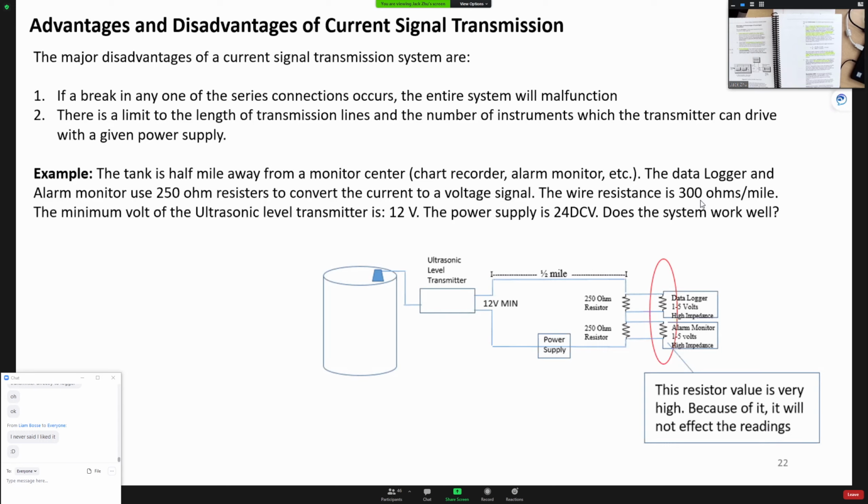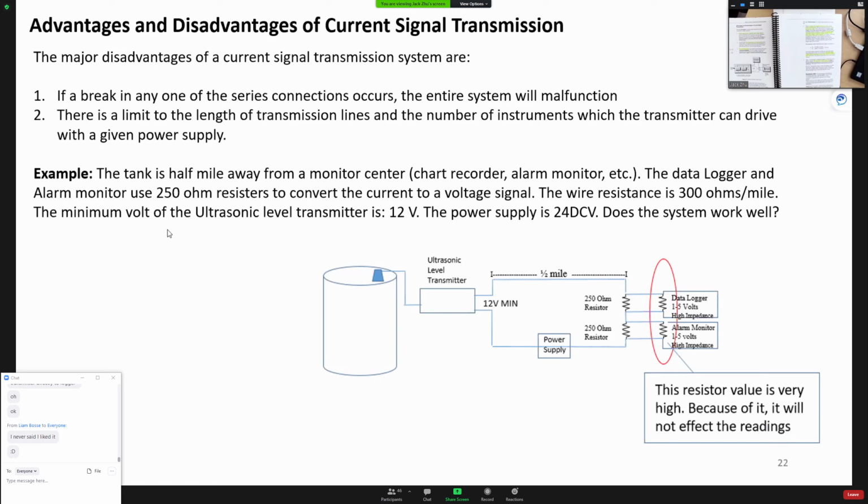The wire resistance: because it's industrial control wire, they are not going to use very large wire, they use smaller wire, which has very high resistance. So the total resistance for 1 mile of wire is 300 ohms.